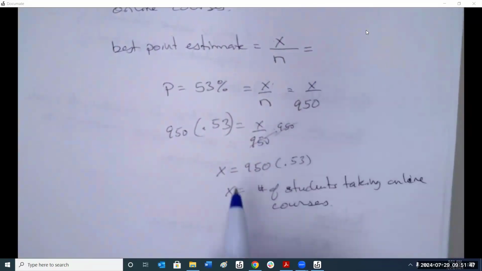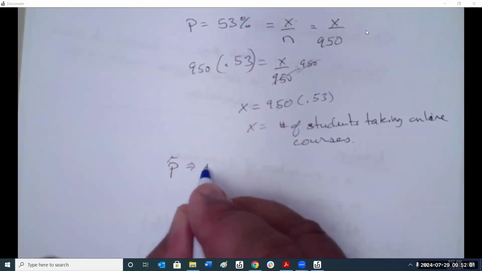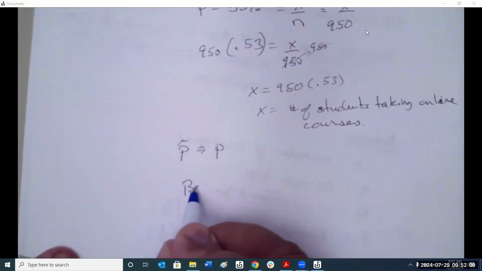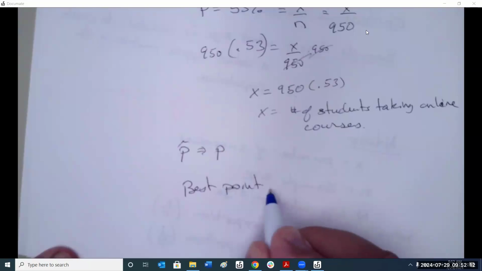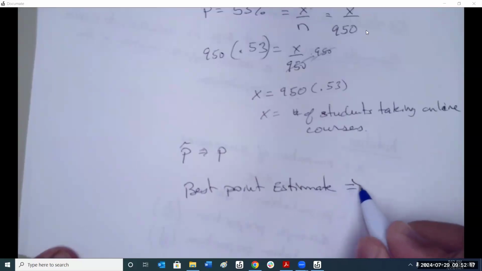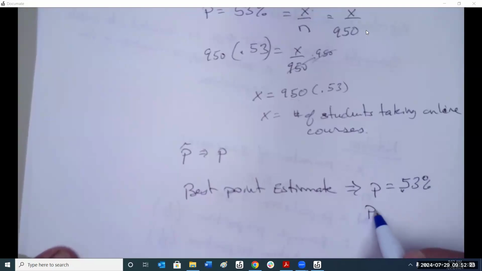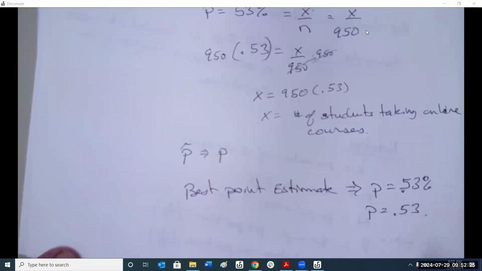So what this tells us, since this is a best point estimate, remember that the sample estimate is a good guess for the population. So the best point estimate is P equals 53% or P equals 0.53.